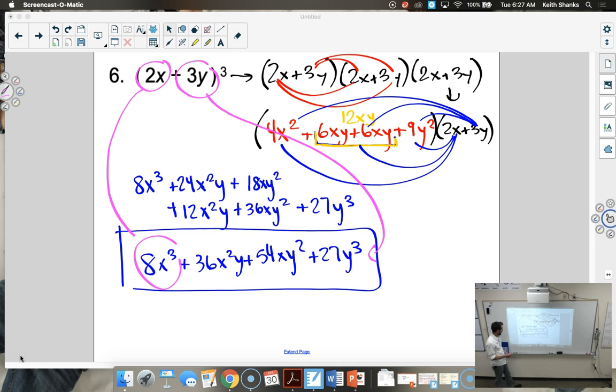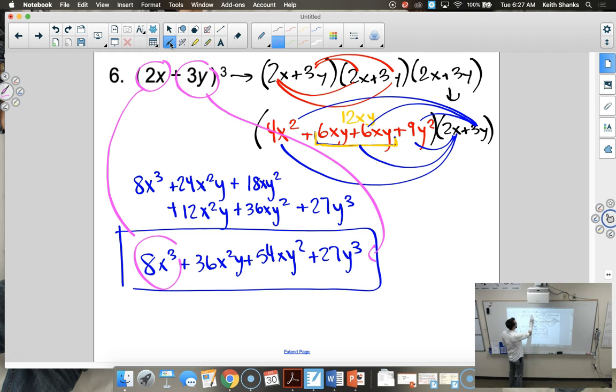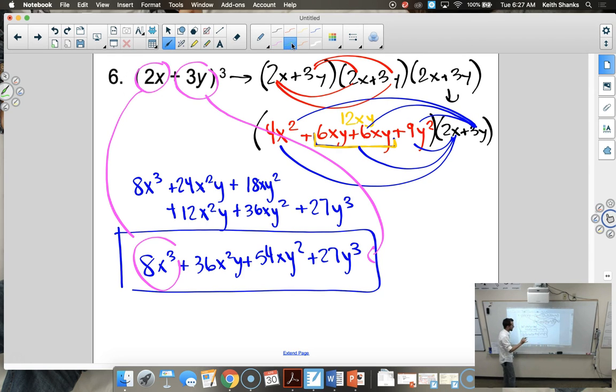And for these middle terms, a little tricky here, you're going to do 2 squared times 3. 2 squared is 4. 4 times 3 is 12. And then you're going to double that, which would be the 24, and you're going to add those together.